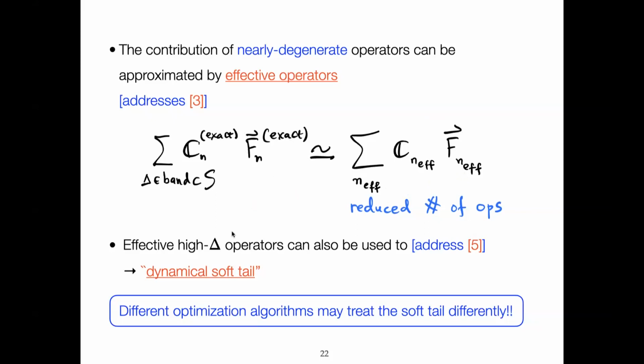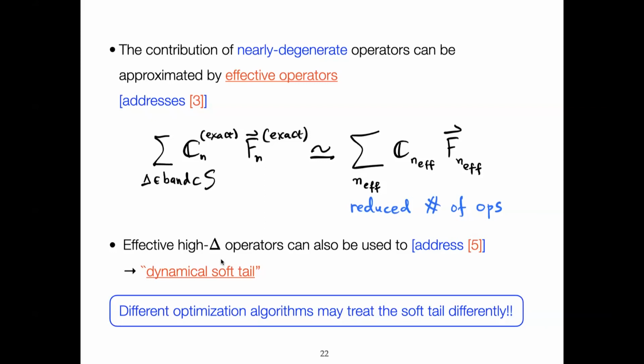And now you can do the same thing also for the higher dimensional operators to improve that static approximation of the tail. If you go to your subset of operators, the operators that you have chosen to put explicitly in your spin partition, you can take the higher dimensional contributions and treat them as effective operators. Your tail is not exactly the correct tail.